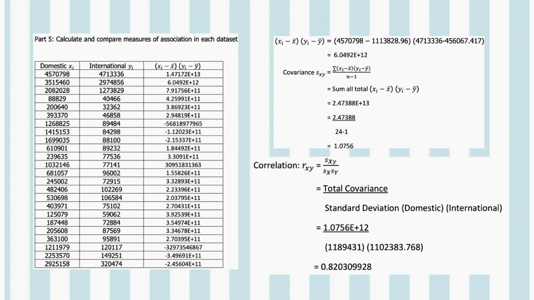To find the correlation, we use the formula Rxy equals Sxy divided by Sx Sy. Based on this formula, the covariance is divided by the standard deviations of domestic and international. So the answer is 0.82.